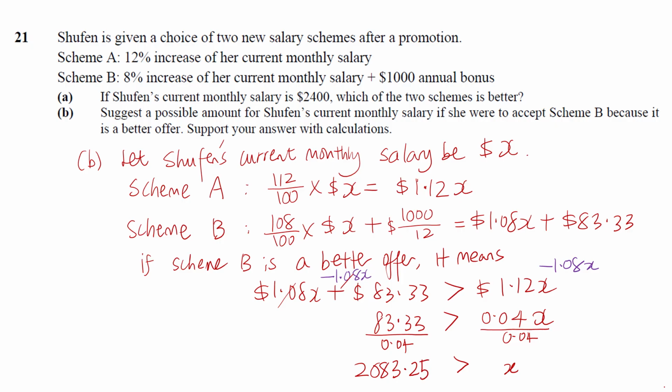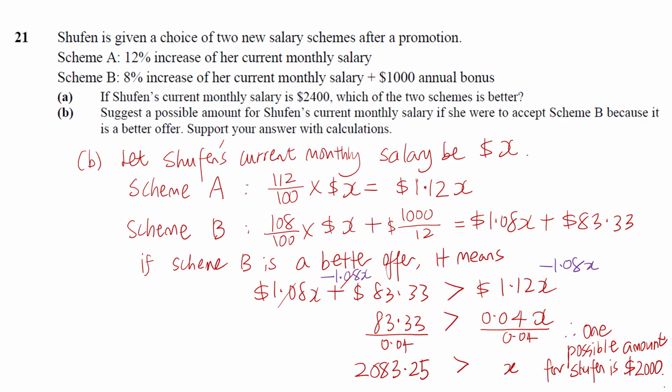In other words, if you want Scheme B to be better, then Su Fen's salary must be less than 2083.25. Therefore, one possible amount for Su Fen will be $2,000, in order to enjoy the benefit of Scheme B.